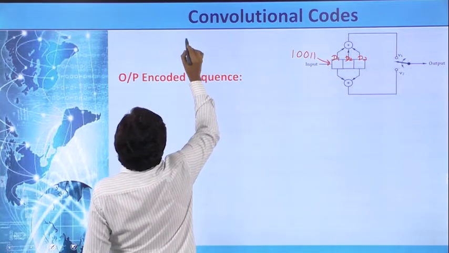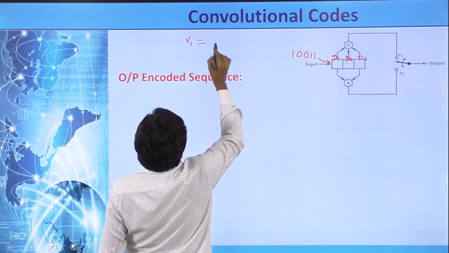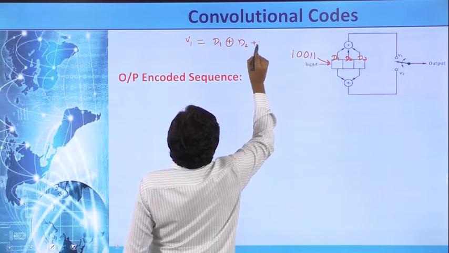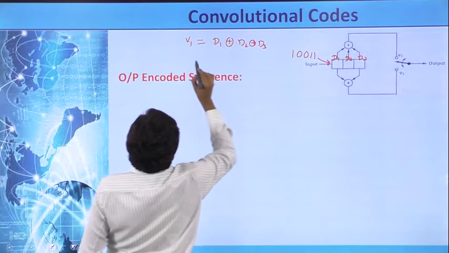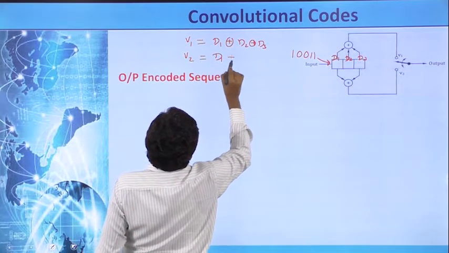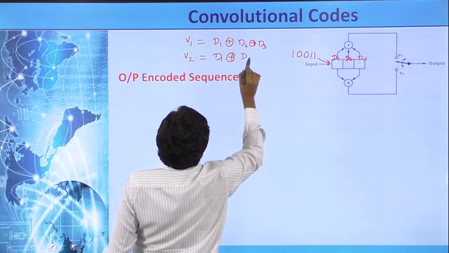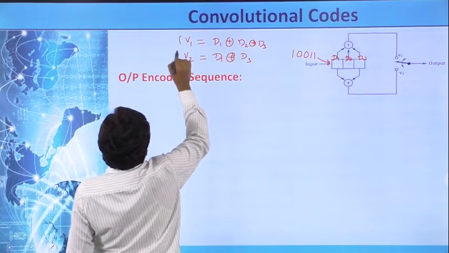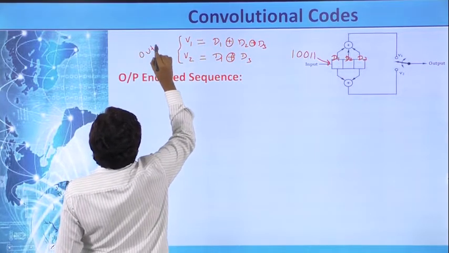V1 is nothing but D1, D2, D3. V2 is D1, D3. So these two are the output bits.